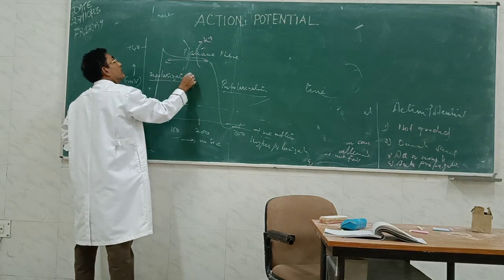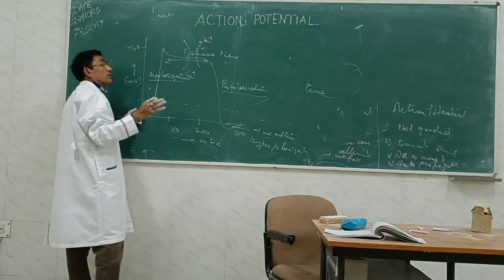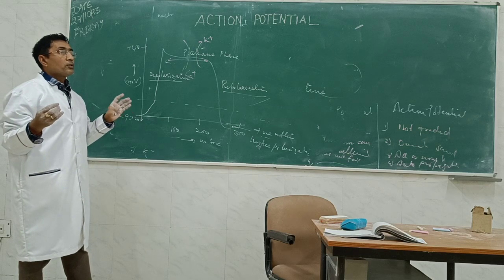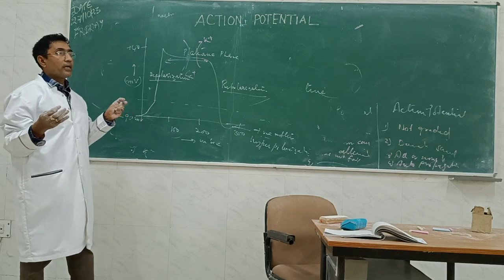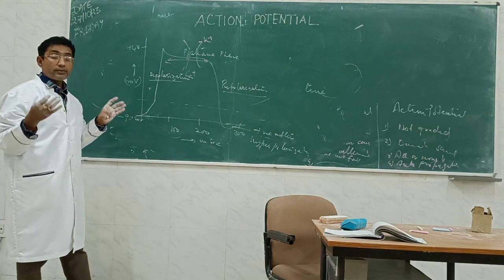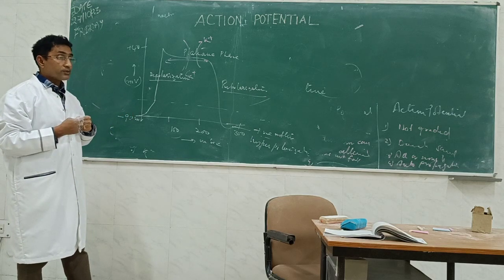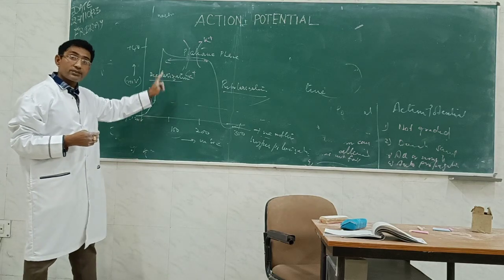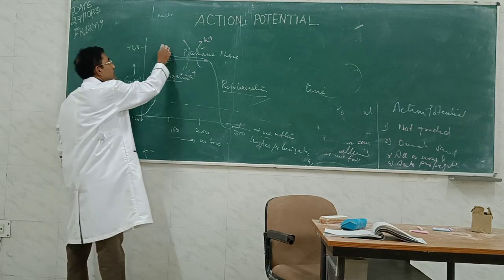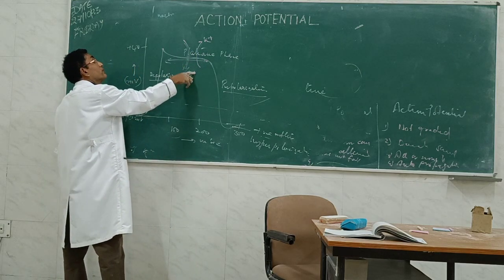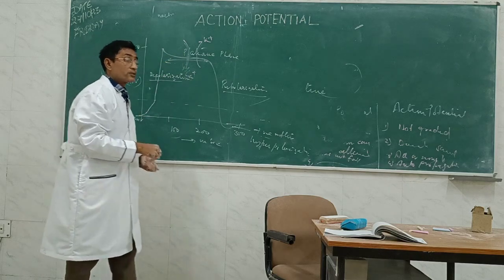Because the cardiac muscle fiber does not have an extensive arrangement of sarcoplasmic reticulum, it does not have an adequate amount of calcium ion in systole. So this cardiac muscle fiber needs calcium ion from the extracellular space. So in this period, there is an entry of calcium ion from the extracellular space.